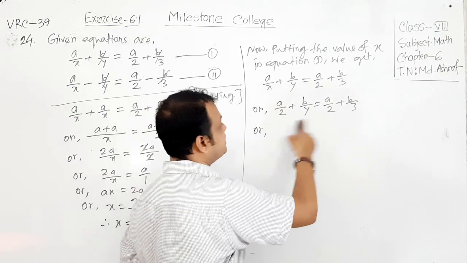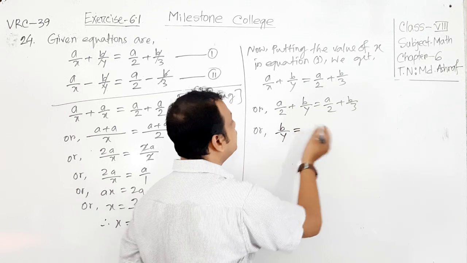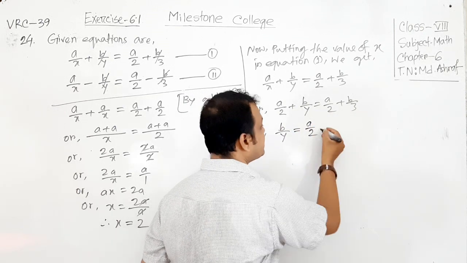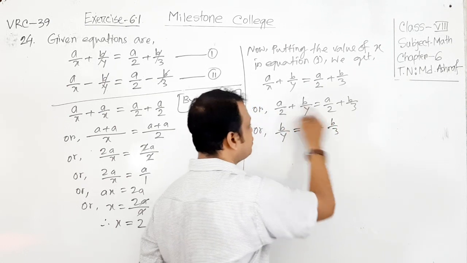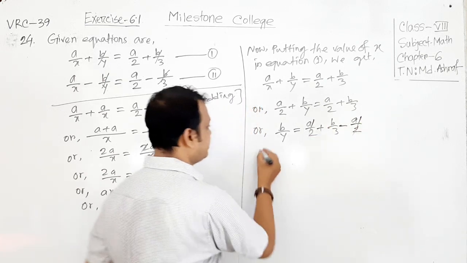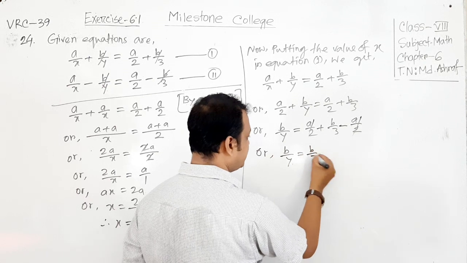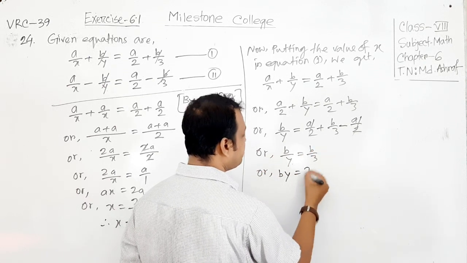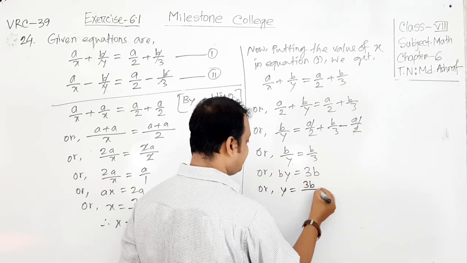Now a by 2, when it changes its side, it will be minus a by 2. So minus a by 2 plus a by 2 will be eliminated, then we get b by y equals b by 3, or by equals 3b, or y equals 3b divided by b.